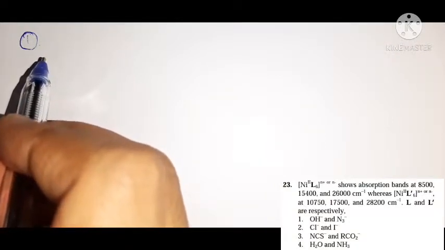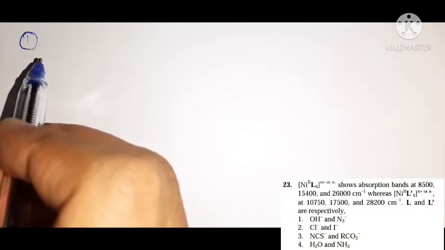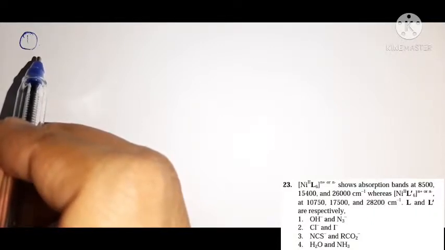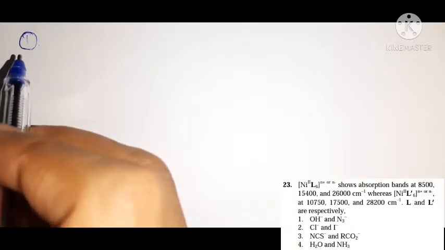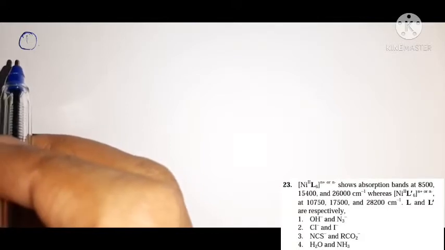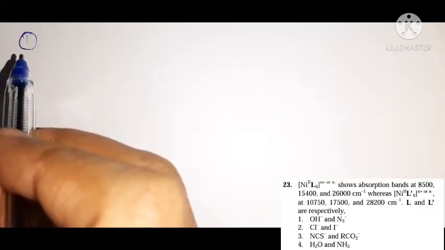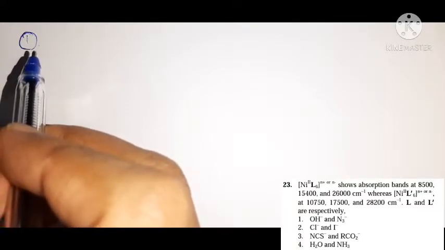Now friends, when you carefully observe the question, according to your given data of absorption bands for different complexes, you clearly see that for the first complex these absorption bands are low energy absorption bands.